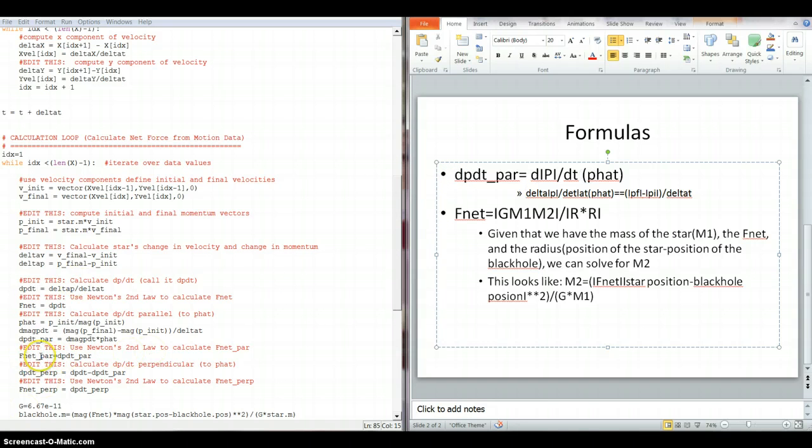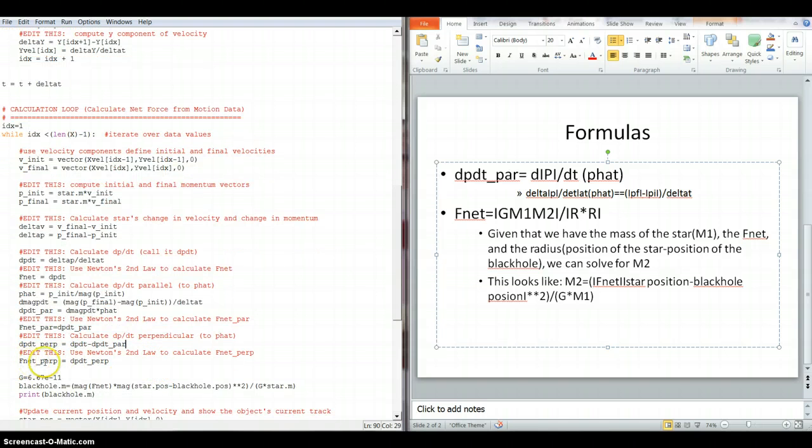We set the F net parallel to dP dt parallel just as we did with the F net. When we are calculating dP dt perpendicular, we already know the total dP dt, and we can simply subtract dP dt parallel. Again, we set the F net perpendicular to dP dt perpendicular.